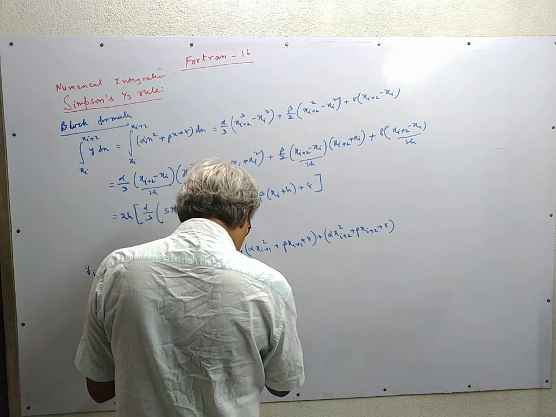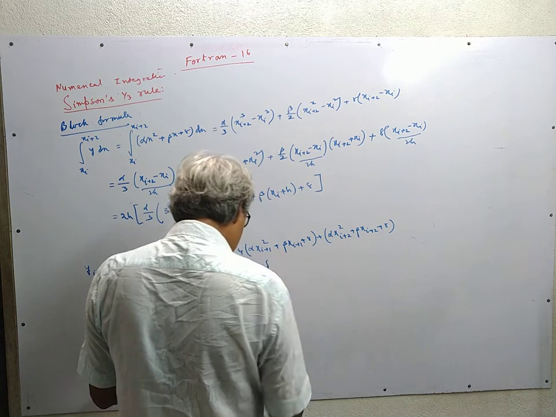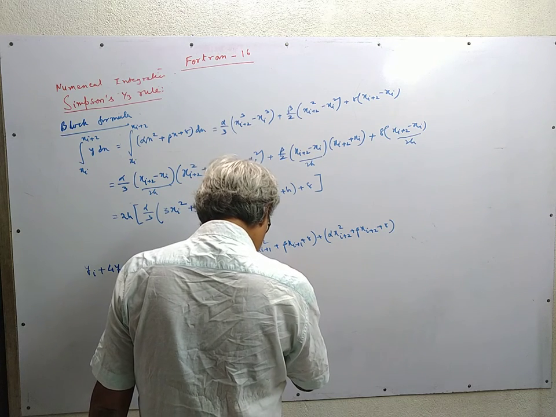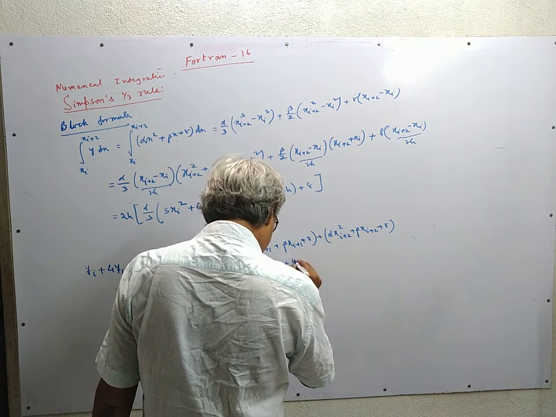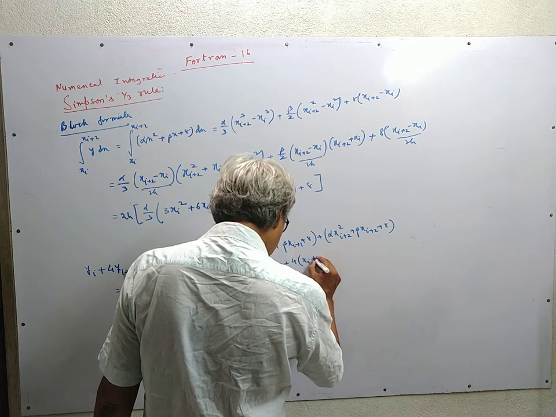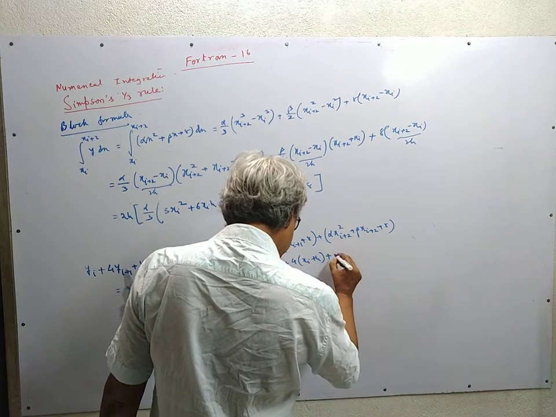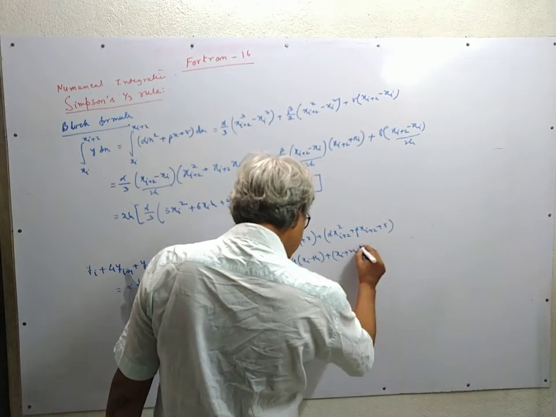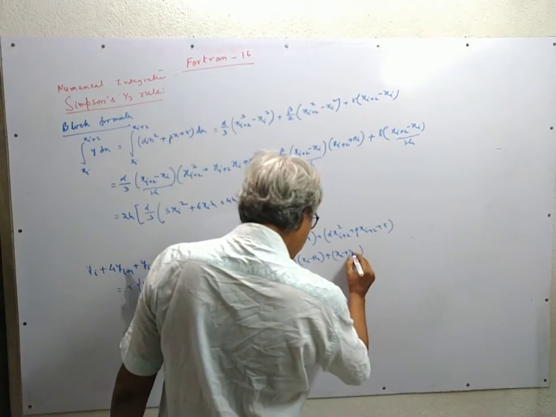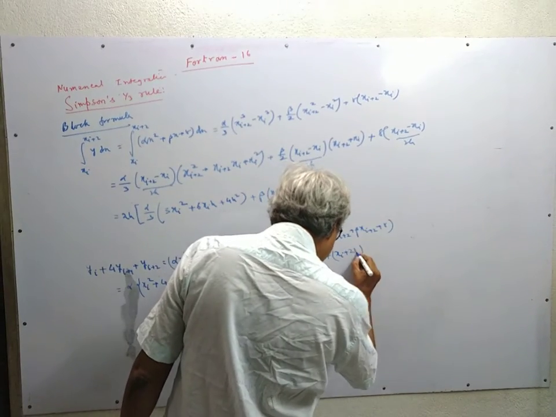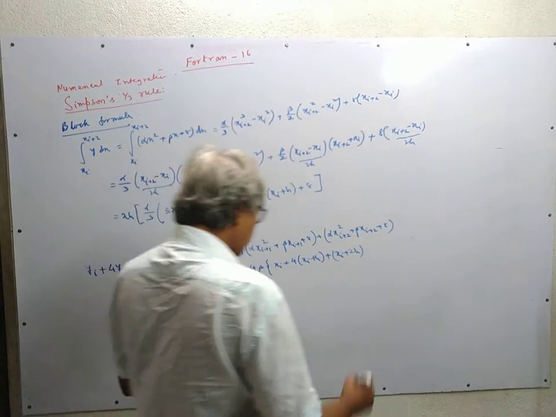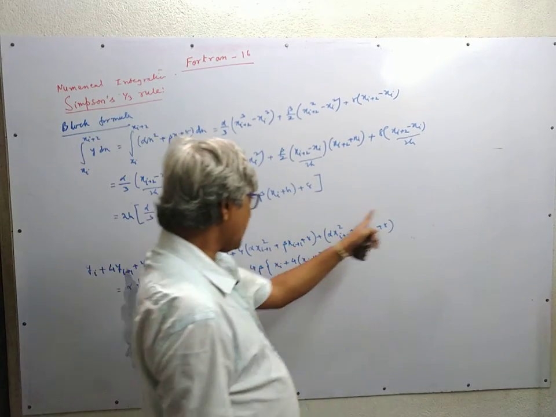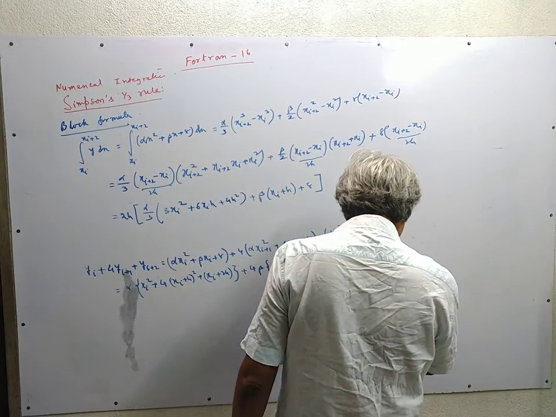This is 4 beta already there. Then xi plus 4 into (xi plus h) plus (xi plus 2h). This is for xi plus 2, and the gamma part is gamma plus 4 gamma plus gamma, so 6 gamma.